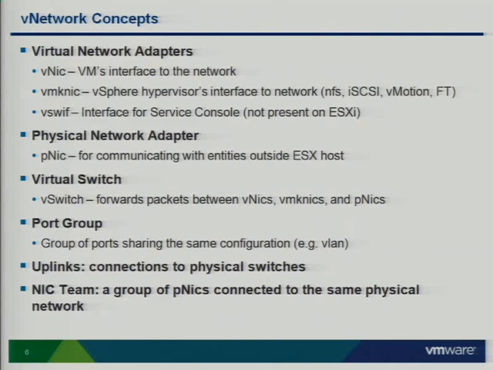This virtual switch is one of the key components, and it's responsible for forwarding packets between vNICs, VMKNICs, and pNICs. And then you have the concept of the port group, which is a group of ports sharing the same configuration. And then you have the uplinks and NIC team. So that covers all the basic concepts. As you read all the various manuals and articles, you'll be encountering these terms.